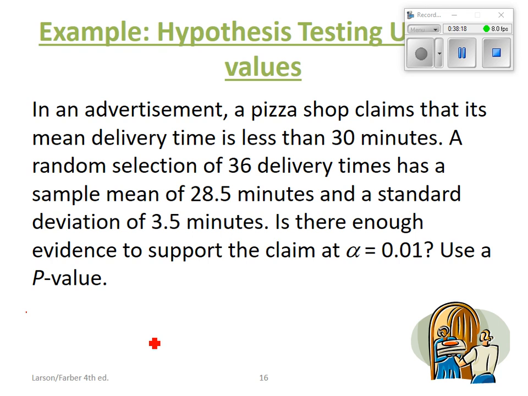Then the third part is just tying it back to the problem. What was the claim? The mean delivery time is less than 30. That the mean delivery time is less than 30 minutes.